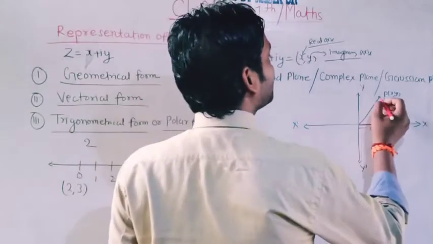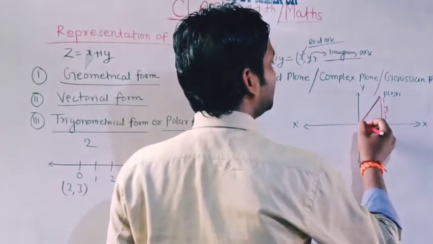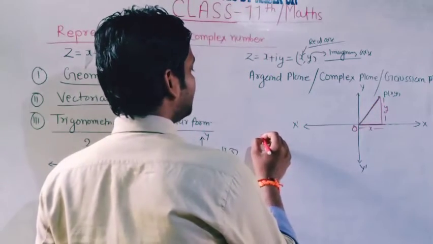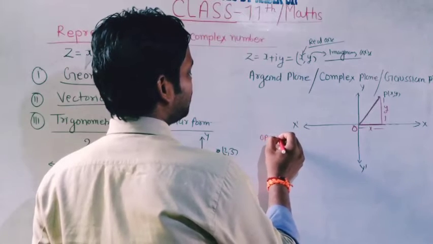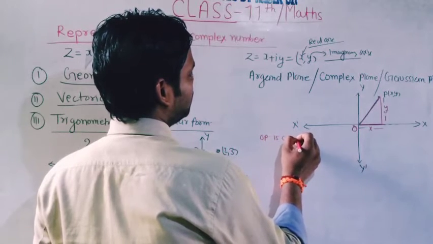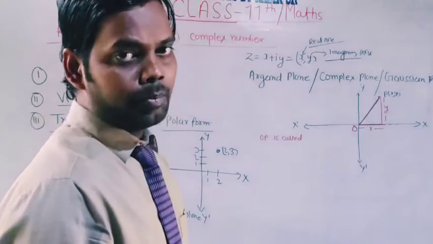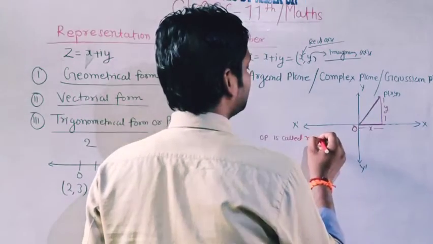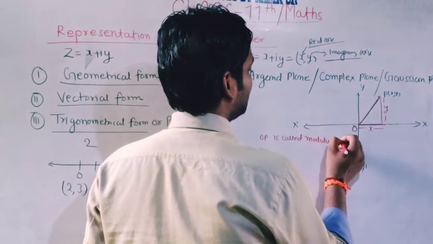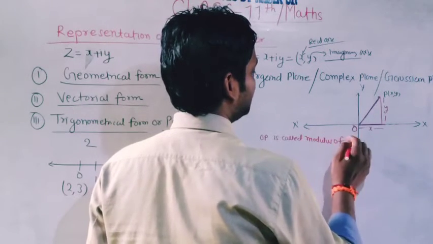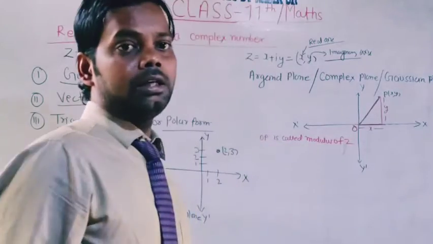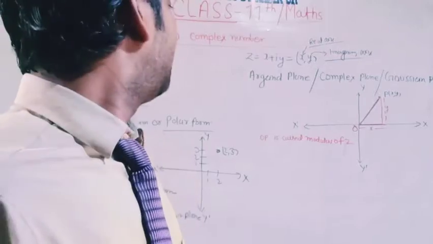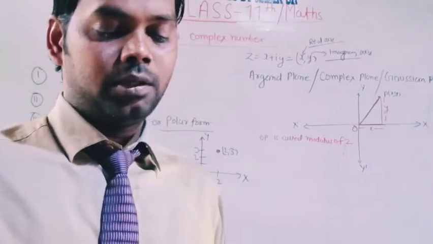Okay, so here the length of OP is called the modulus of z, and it is denoted by mod z.